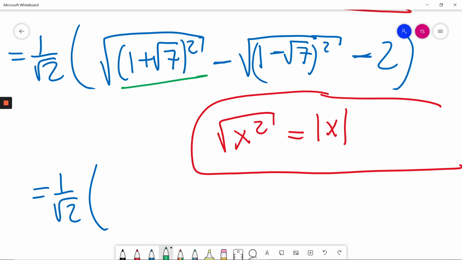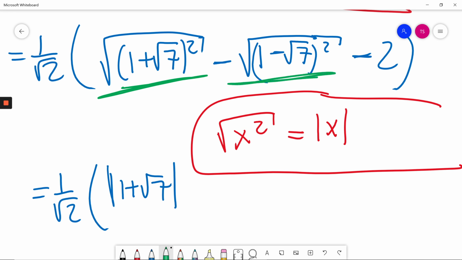So that term will be equal to absolute value of 1 plus square root of 7. Similarly, for this number, this will be 1 minus square root of 7, absolute value of that.